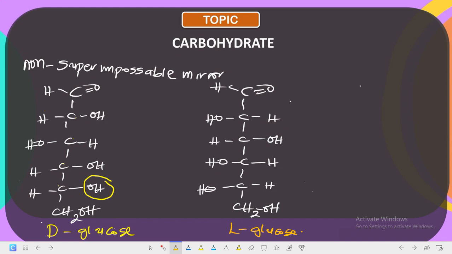Now the next one that we are going to look at are the epimers. What are epimers? Epimers are stereoisomers. You must put that word. Both of them are stereoisomers.